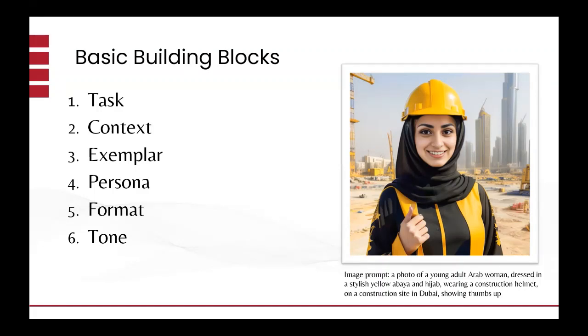So I'll give an example here, and we will look at the same example for task, context, exemplar, and how it develops. The example is: prepare a presentation detailing the historical evolution of the UAE. This is my task. It's a simple task, and I haven't given any context for that. The next important thing is context.